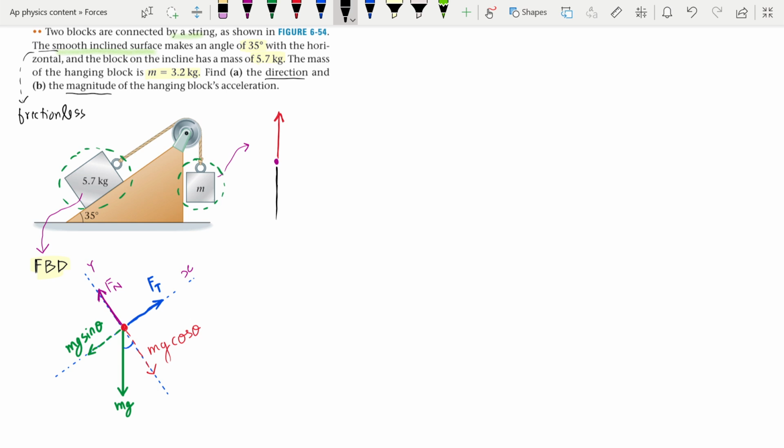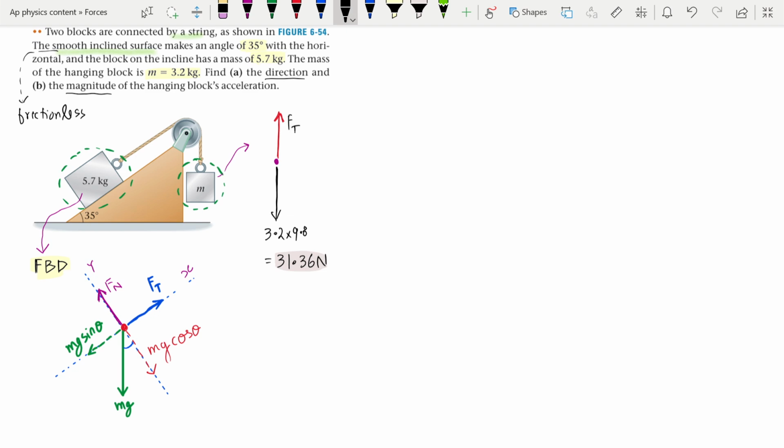Now we are not sure which force is greater, so how much is it? 3.2 times 9.8, that is 31.36 newton, the force that is pulling the mass m downward, and this is the force of tension FT.